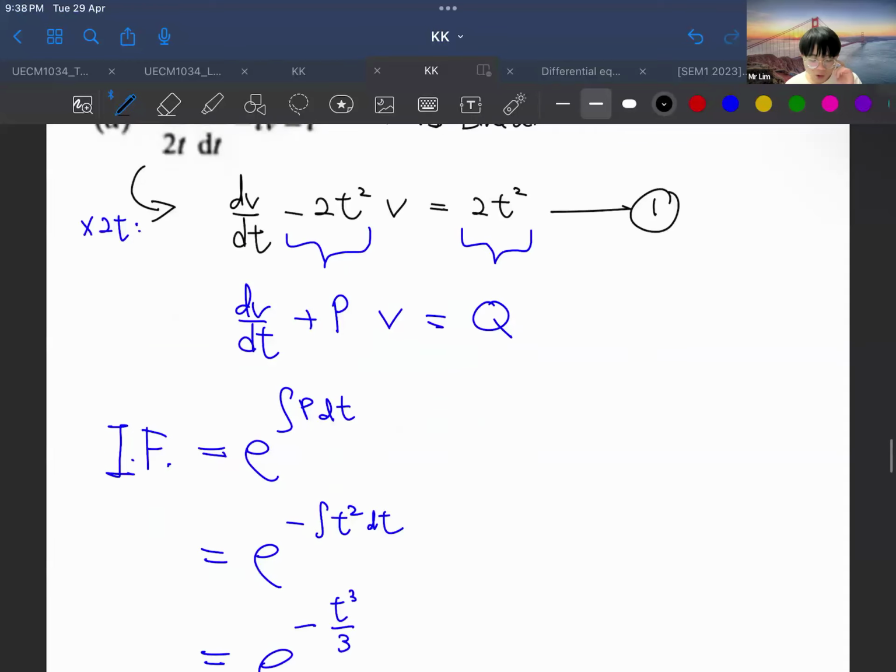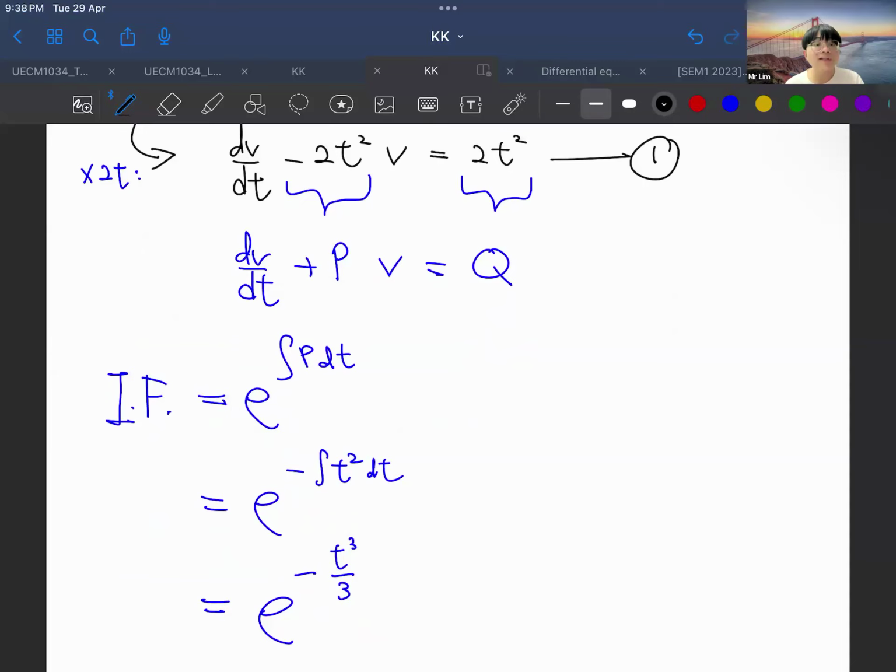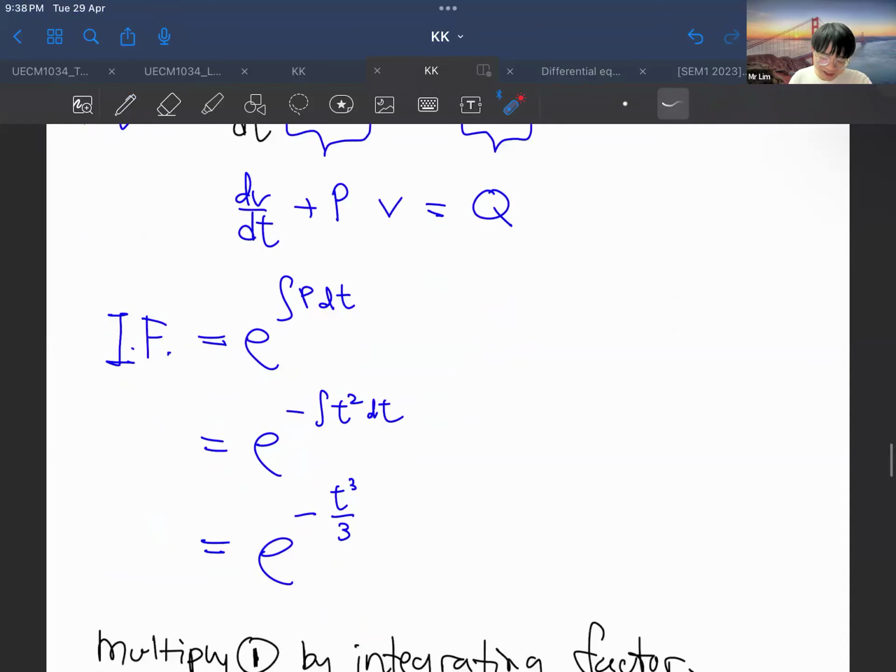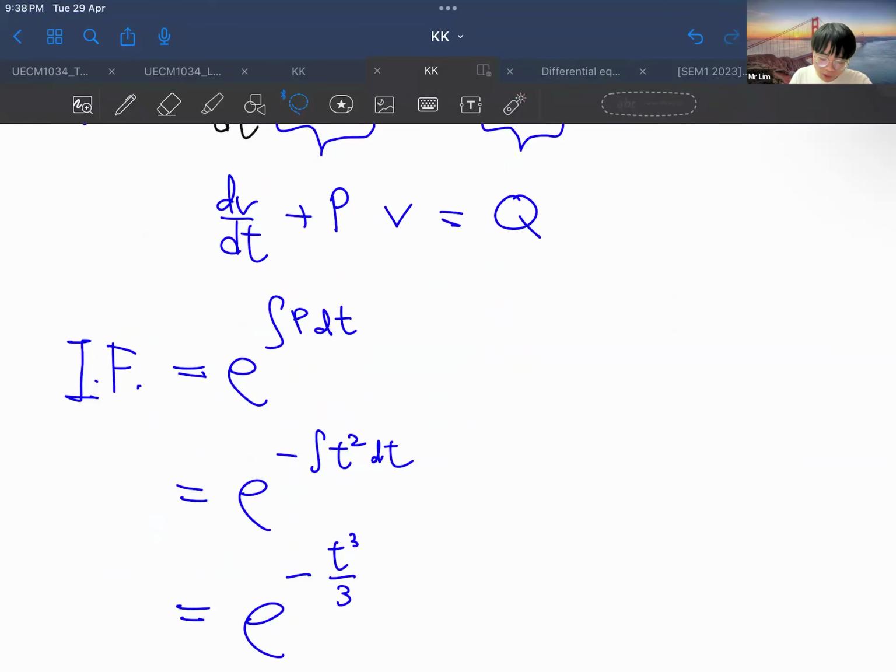So minus, oh, okay. I really see the problem here because I forgot the minus 2. My p is actually minus 2t squared. We have been doing this so long, no one of you able to see. Okay, it's okay. Probably you're still new to this.